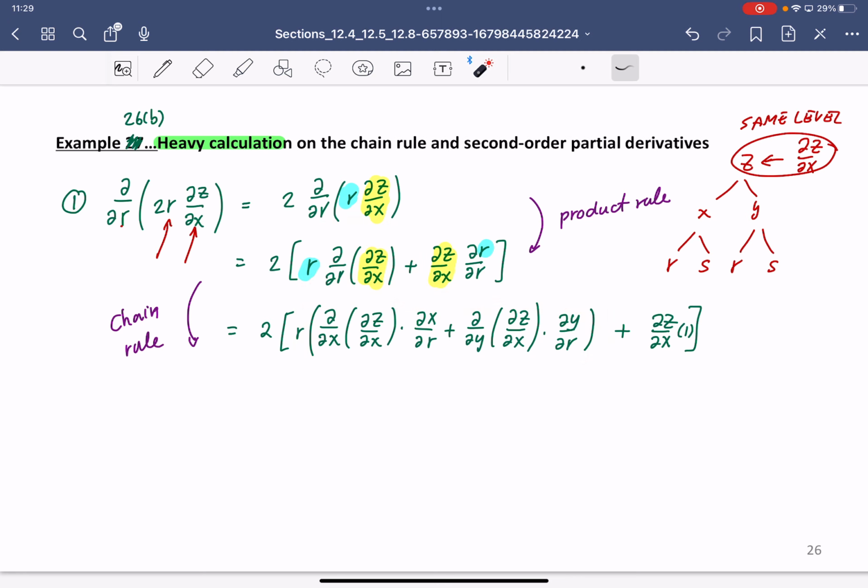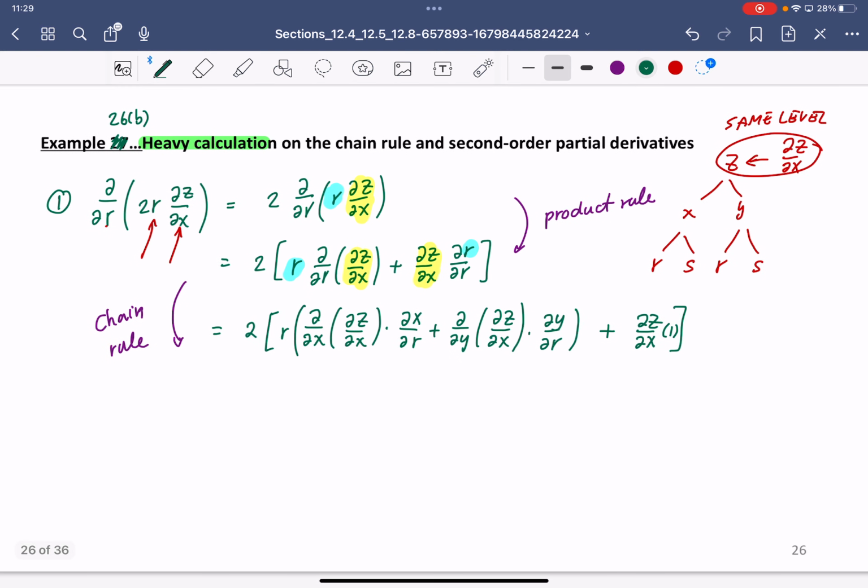So what happens is you treat ∂c/∂x inside here as a function on the top. If you feel this is so hard, you can imagine that ∂c/∂x is on the top level. This is a function of x and y. This is a function of r and s. This is a function of r and s.